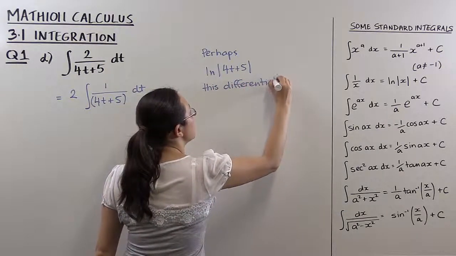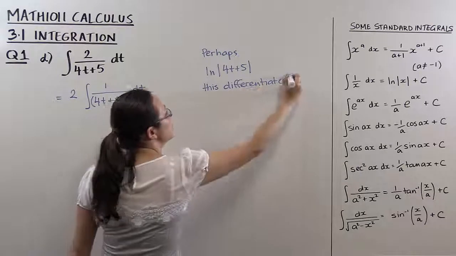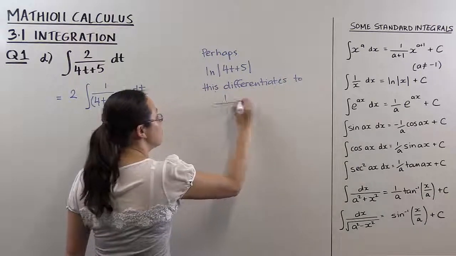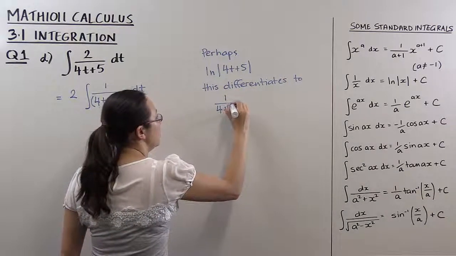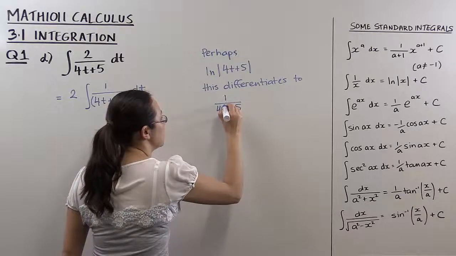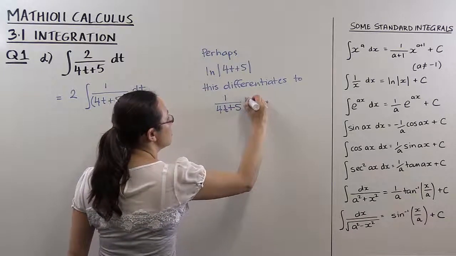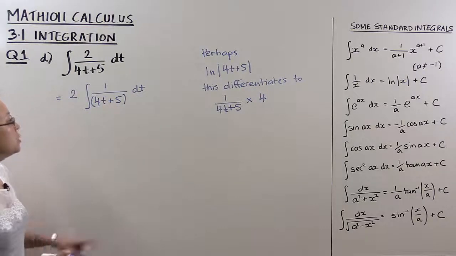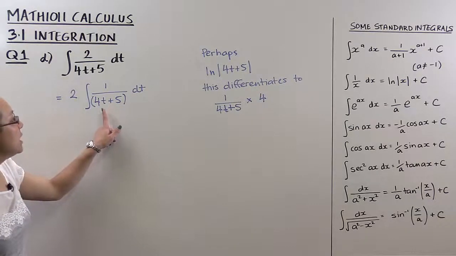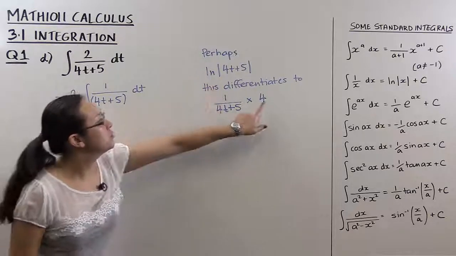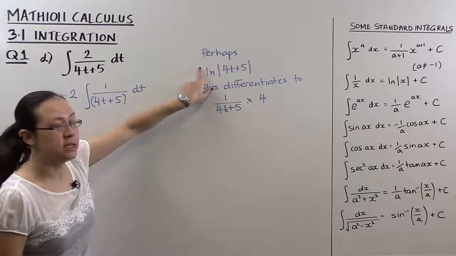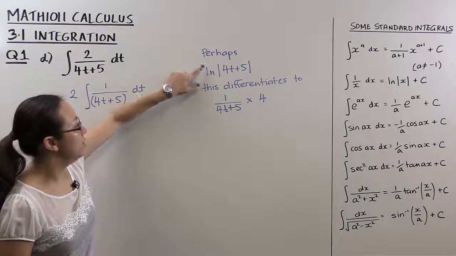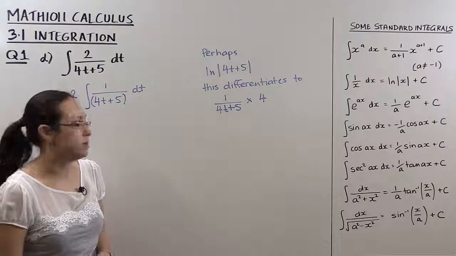So this actually differentiates to 1 over 4t plus 5, but the chain rule says that in addition we would need to multiply that by 4. So in fact this can't anti-differentiate to this, because 4 lots of that has to anti-differentiate or integrate to ln of 4t plus 5 here.